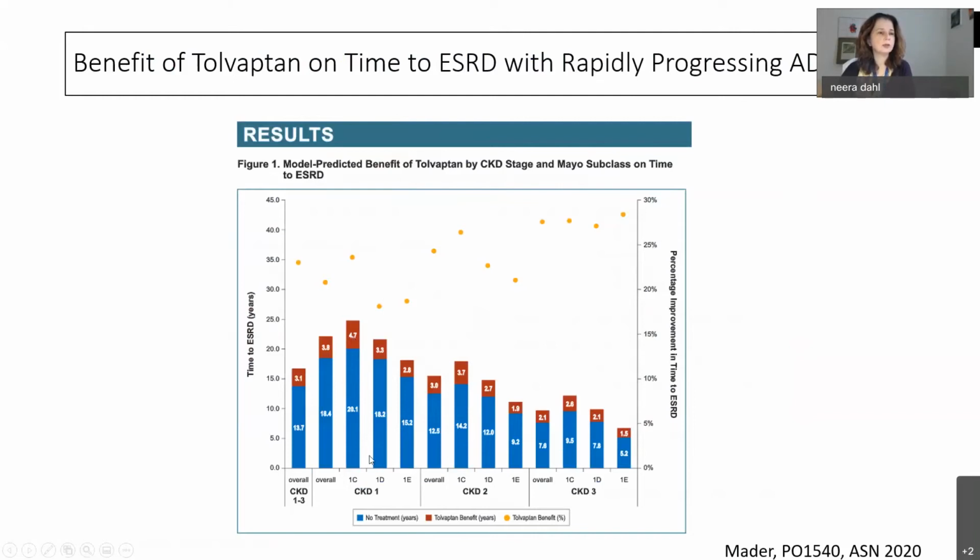I think one thing that I've noticed in all of the prognostic calculators like this is that the 1C patients tend to be the ones that have the most benefit. And the way I understand this is these are the folks that are progressing the most slowly in terms of loss of kidney function.